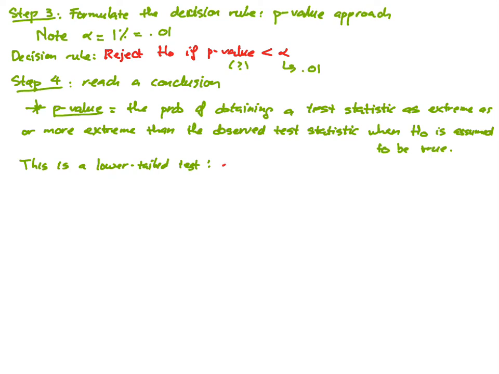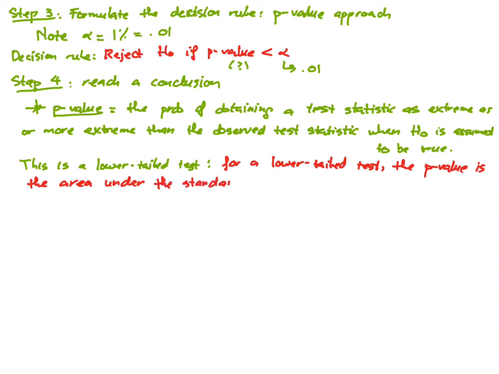So for a lower tail test, the p-value is the area under the standard normal curve to the left of our test statistic.